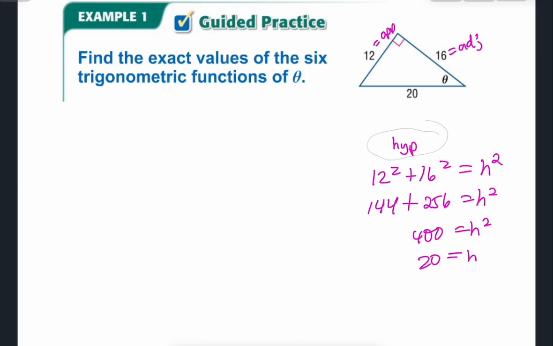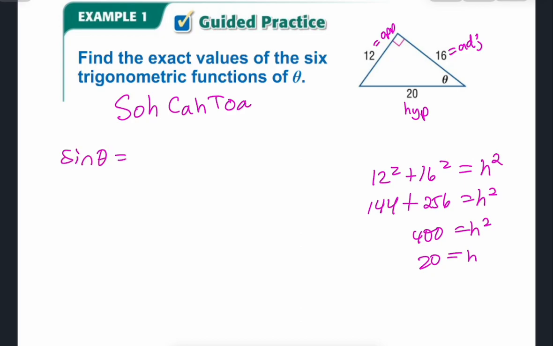Okay, so now that you have all the sides labeled and you have the value of all three sides, you are ready to do our 6 trig functions. Now remember, you have to have memorized SOHCAHTOA. And so I'm going to write sine first, then cosine, then tangent.